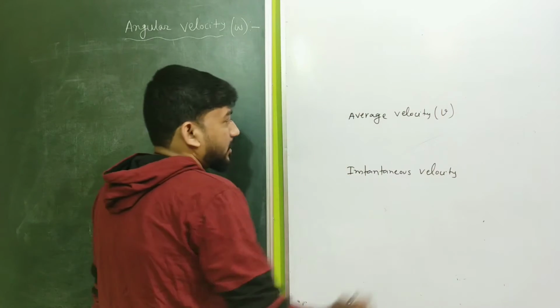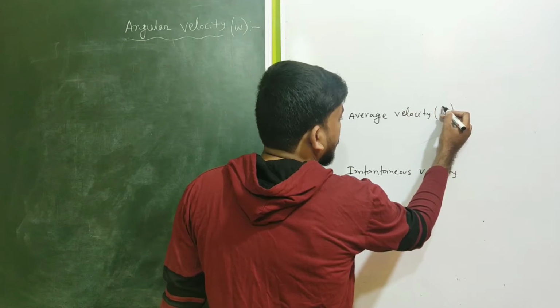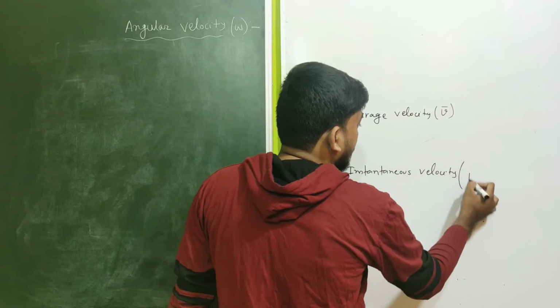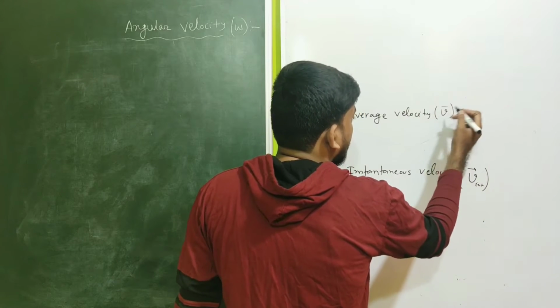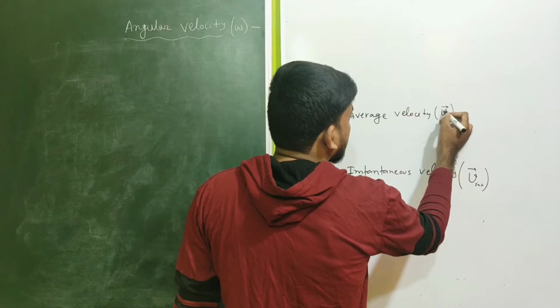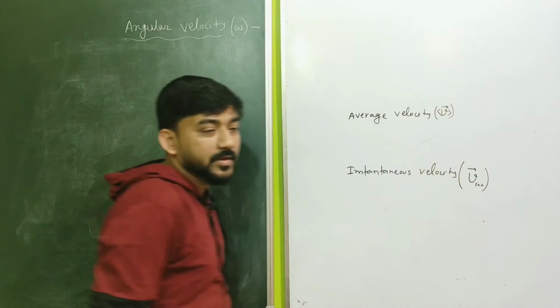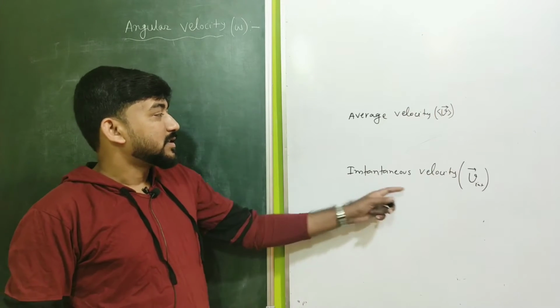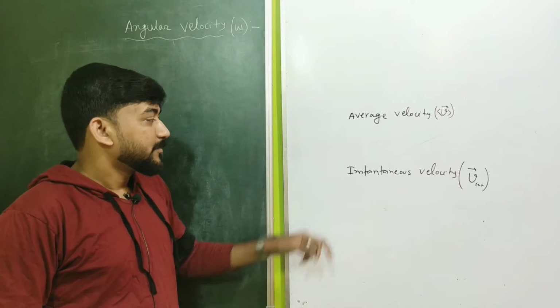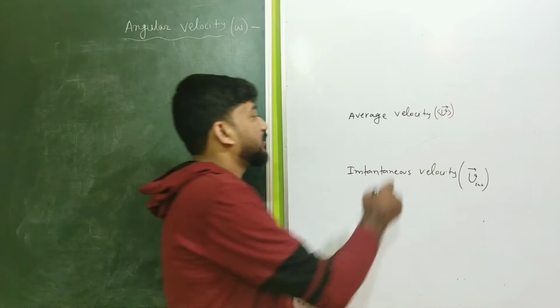I can denote the instantaneous one simply as v, and the average velocity with a bar, or sometimes with this kind of angular bracket. So this is instantaneous velocity and this is average velocity.